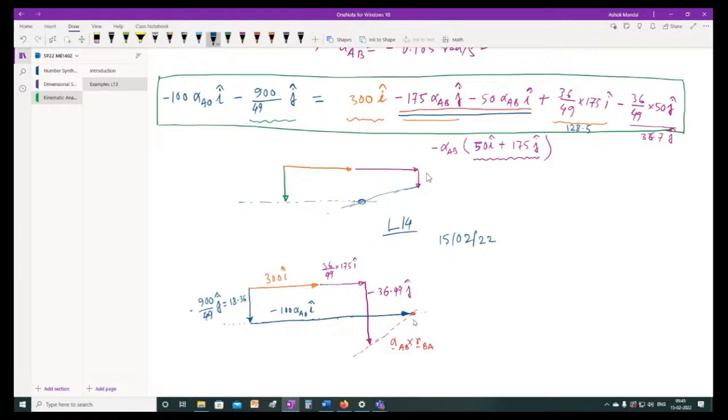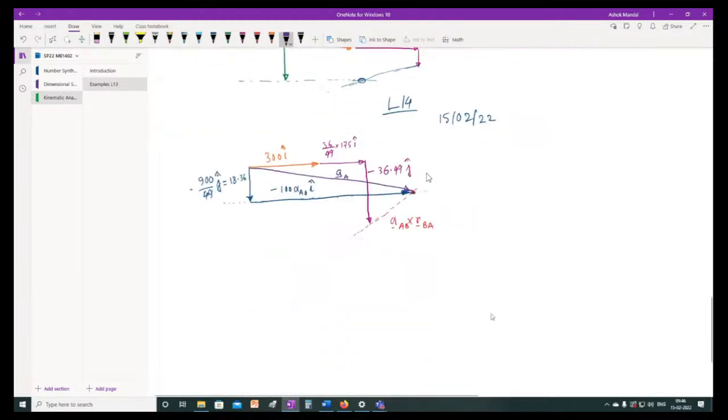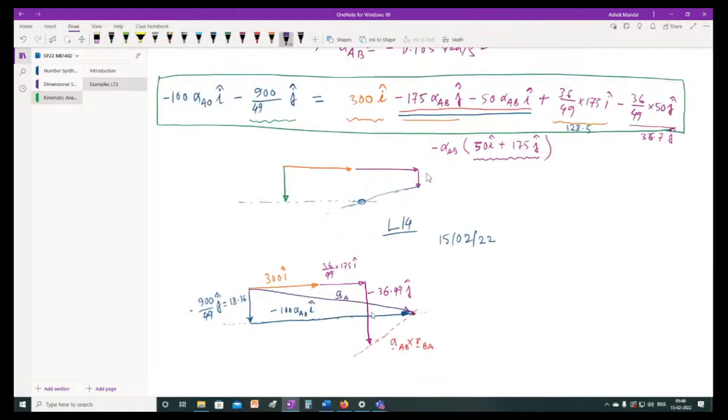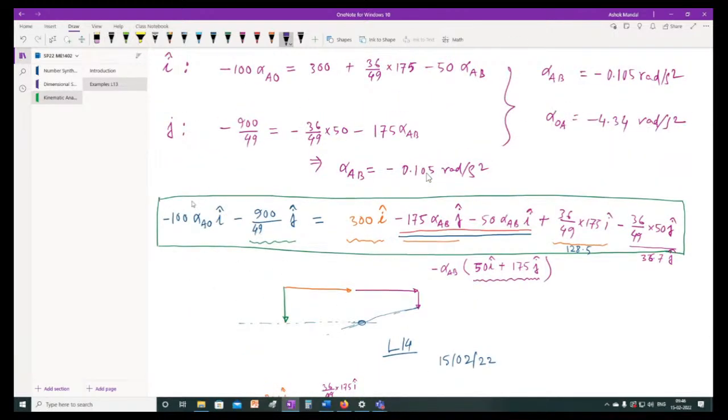And what is this acceleration? This point represents the acceleration of which point? If I have a vector like this, what is this vector representing? Which acceleration? Acceleration of point A, right? Oh, you are saying acceleration of OA.